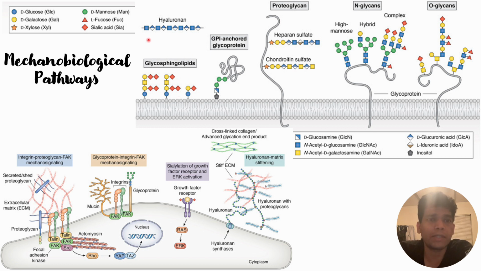Some of the glycans that exist in a free form are known as hyaluronan, that can be seen here. Thereafter there are glycans which are called GPI anchored glycoproteins.